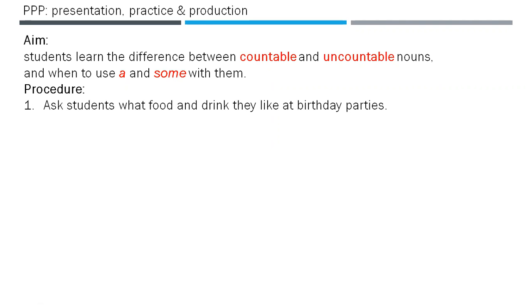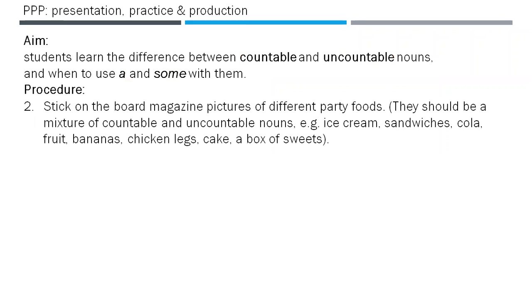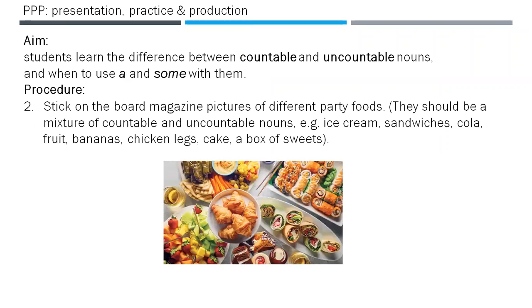So the first step, you ask students what food and drink they like at birthday parties. Second step, you stick on the board magazine pictures of different party foods, which should be a mixture of countable and uncountable nouns.